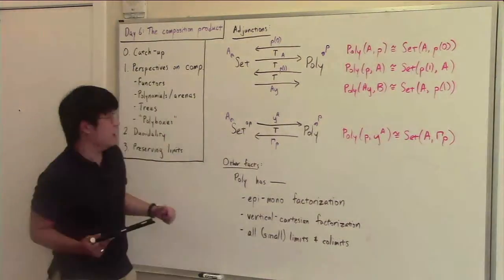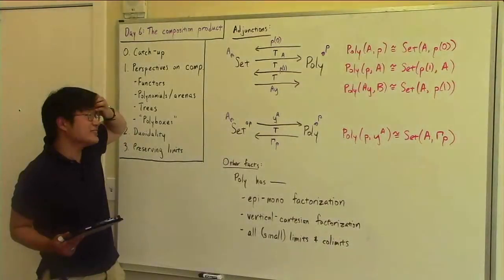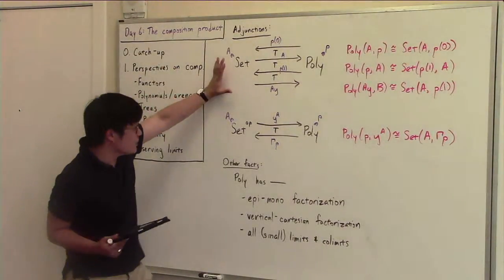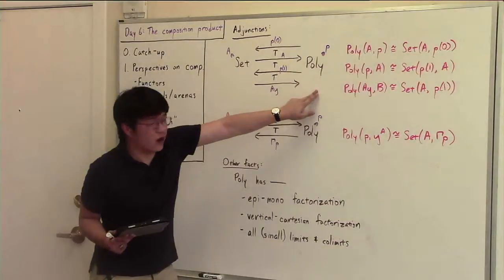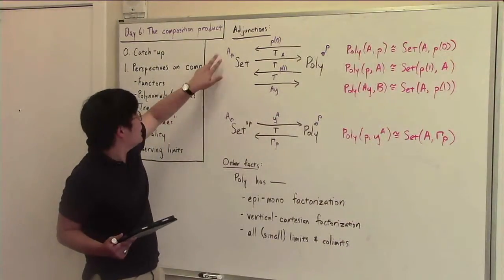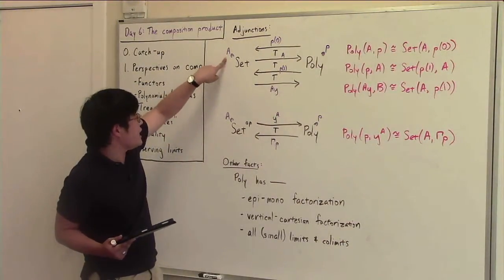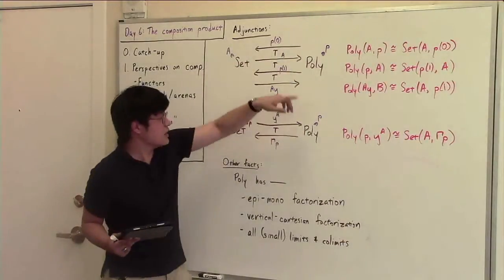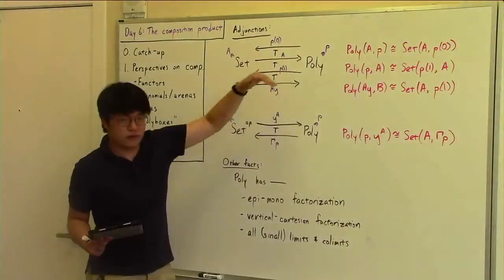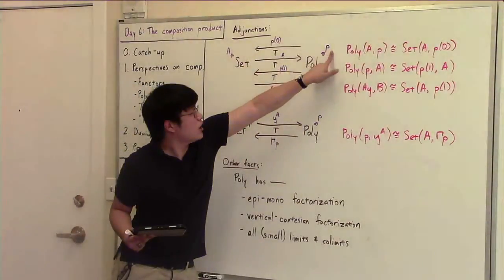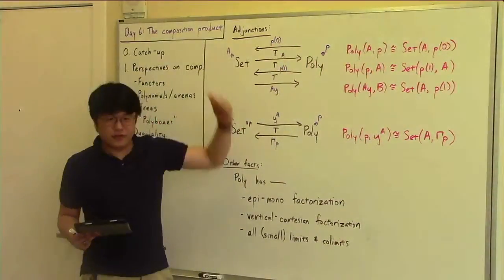In fact, we have this quadruple adjoint between Set and Poly, and I've depicted it here by telling you where each set A goes through each of these functors, and where each polynomial P goes through each of these functors.